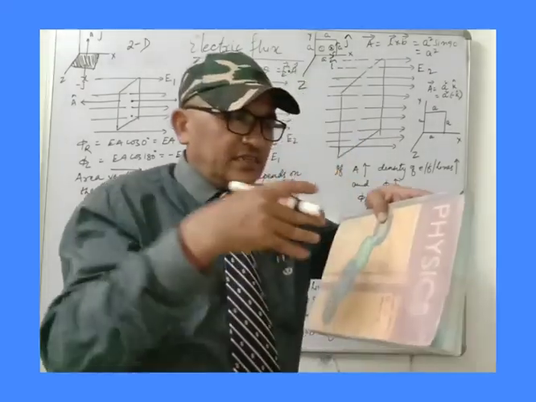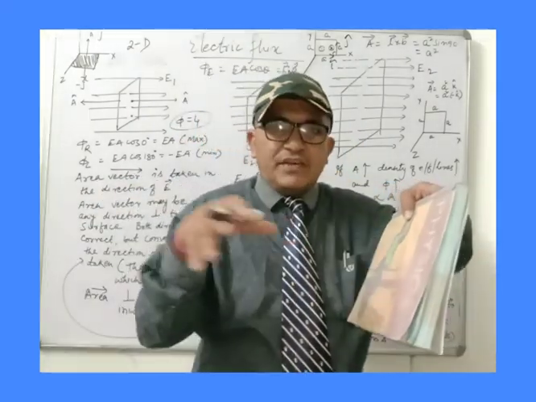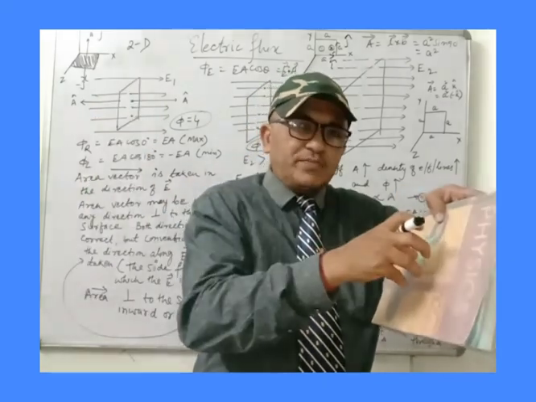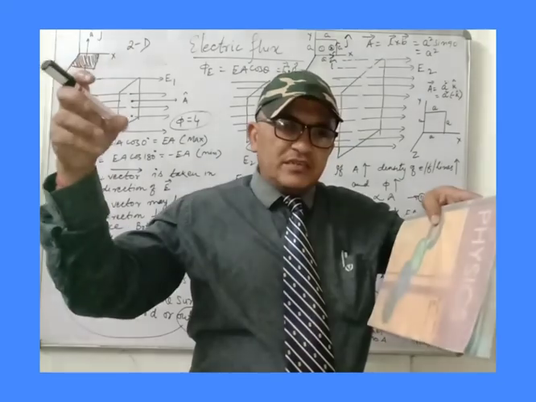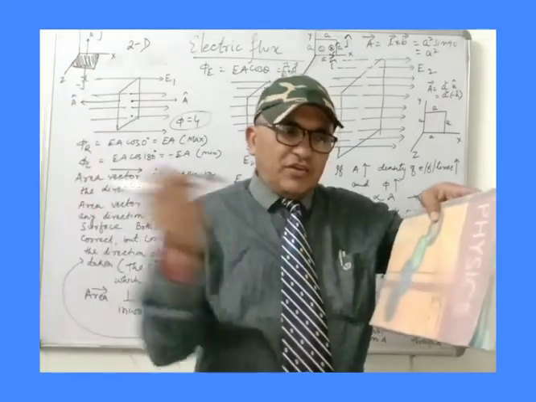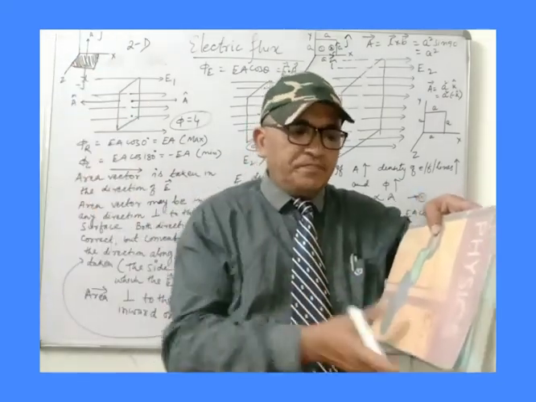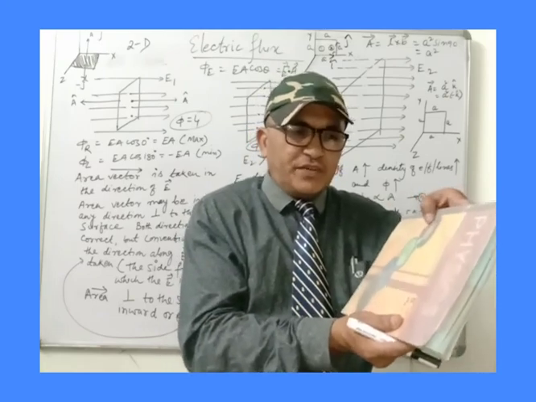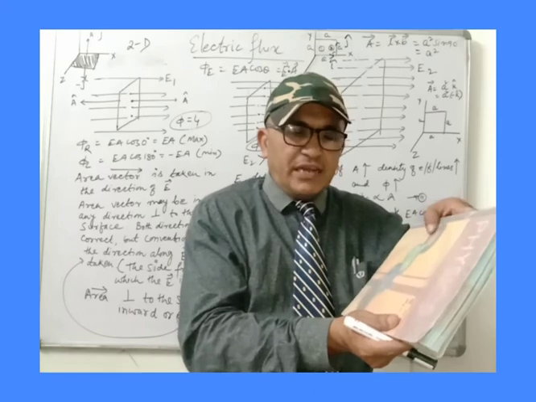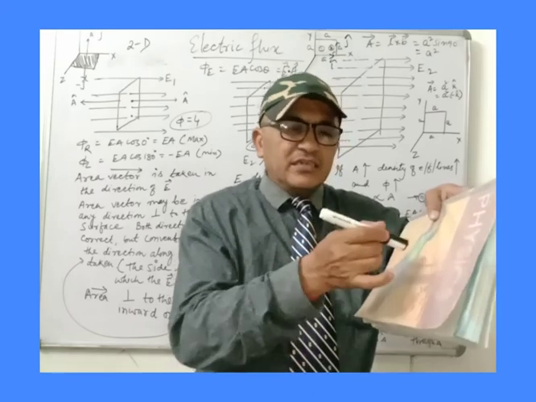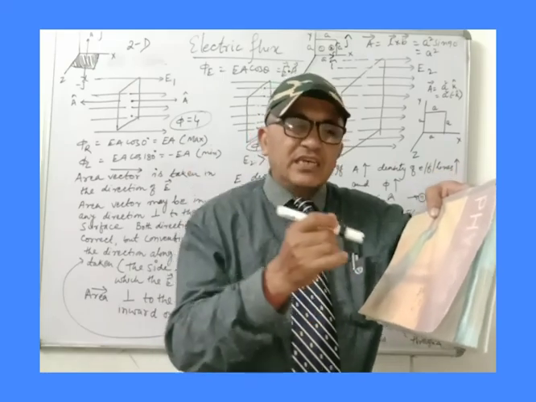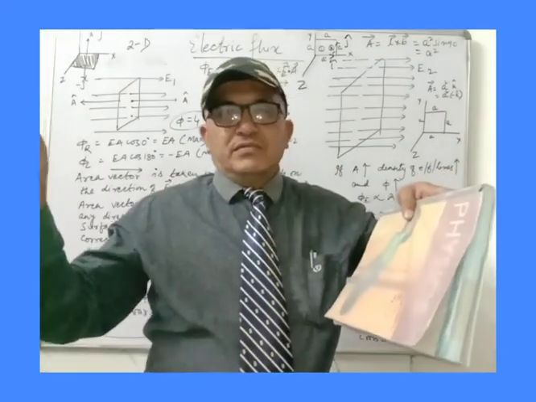I will show you later. There is an angle between electric field lines and the area vector. Area vector is always perpendicular and out of the surface, either out of it or inside, anything. So when the orientation of the surface is changed by an angle, then there is an angle between the electric field direction and the area vector.